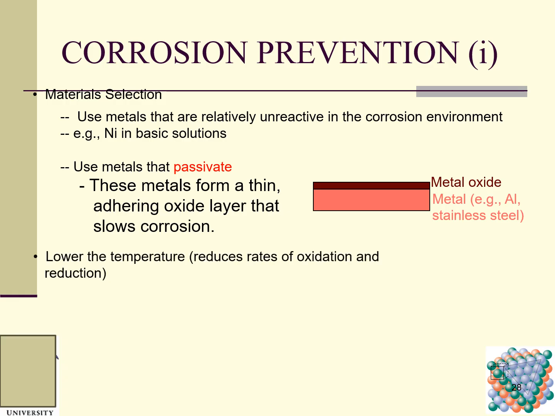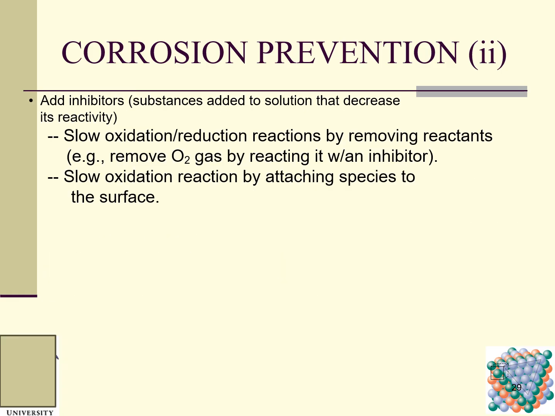Lower the temperature: we know at high temperature corrosion is more active, so we can lower the temperature to reduce the rate of oxidation and reduction. Apply physical barriers, such as physical films and coatings, and add inhibitors, substances added to the solution that decrease its reactivity.